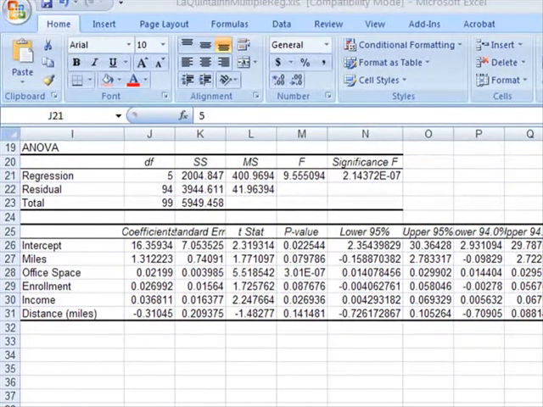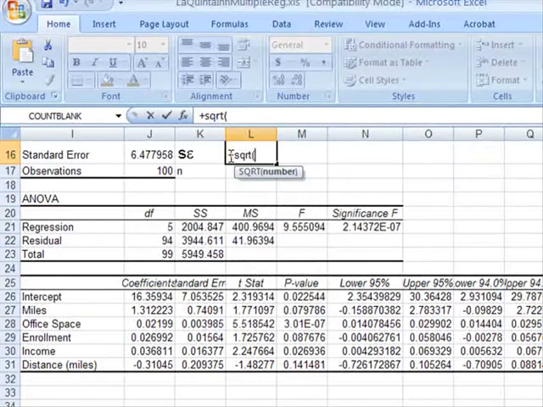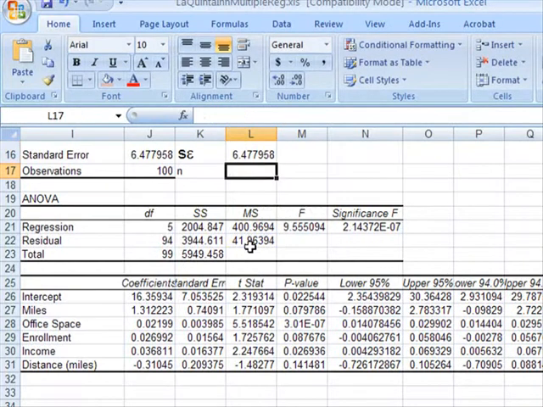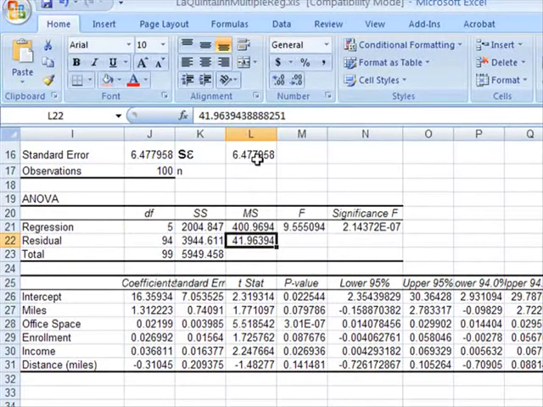And I want you to also see what is the relationship between the mean squares for the residuals, MSE, and the error. The standard error is computed by the square root of MSE. So notice I got to the same value, but I just get the square root of MSE. That's really important for you to know too.